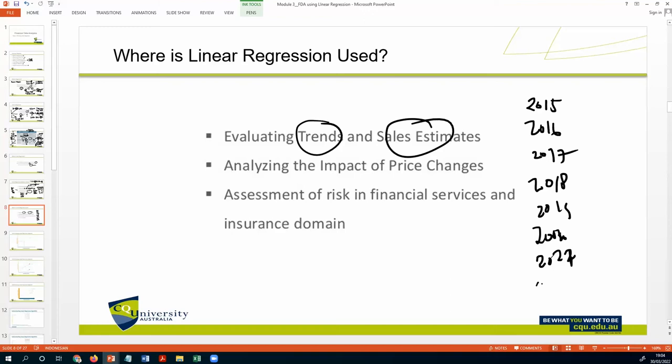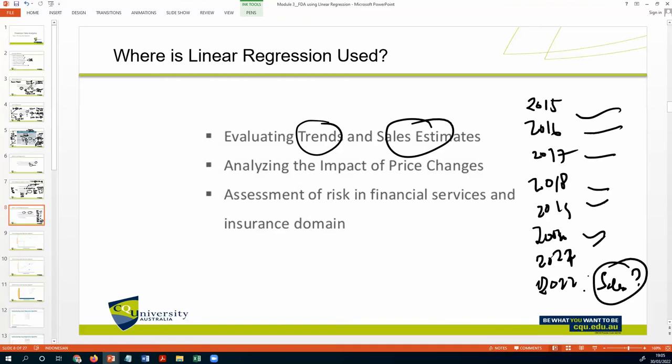You want to estimate how much the sales is, and then you can develop the data. Let's say the sales, and then x1, x2, x3.